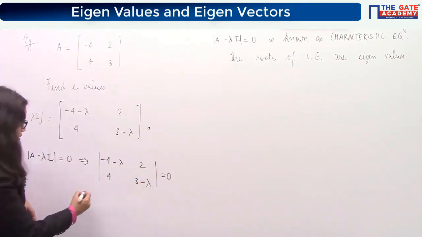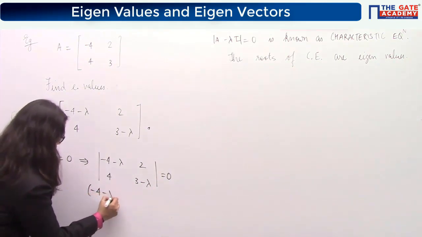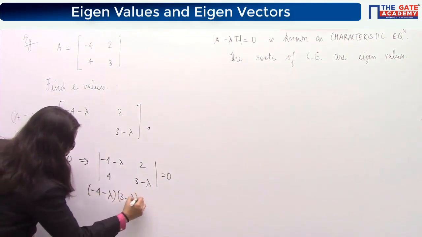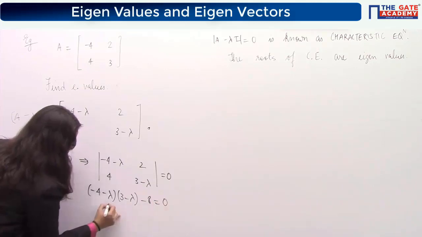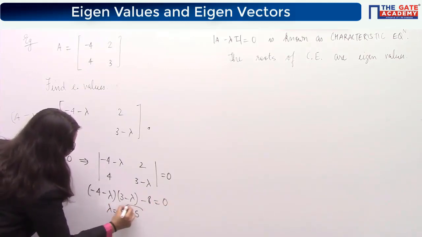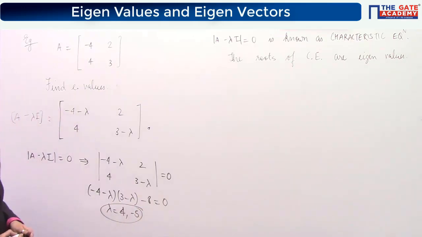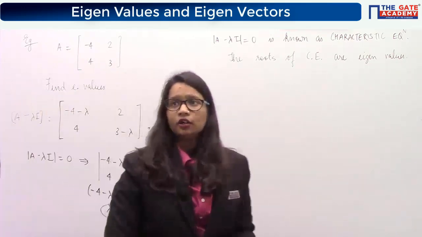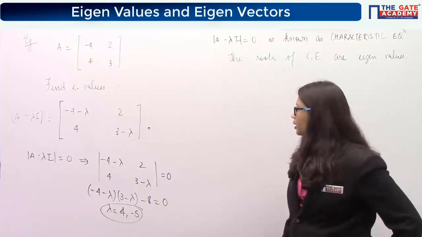If you solve this determinant, you will get 4 and minus 5 as the 2 eigenvalues.